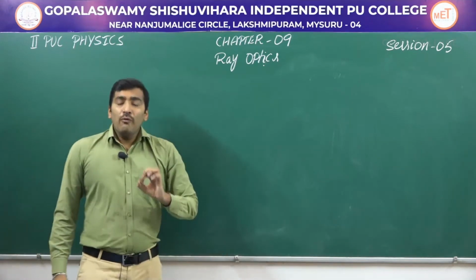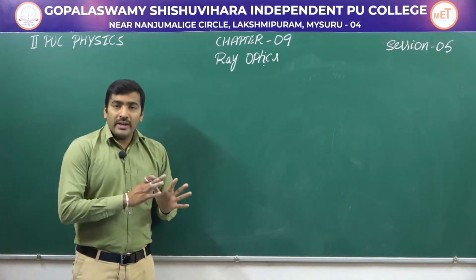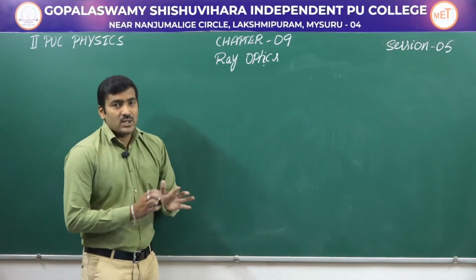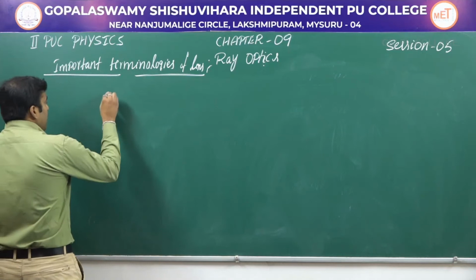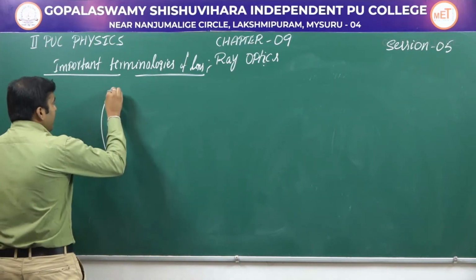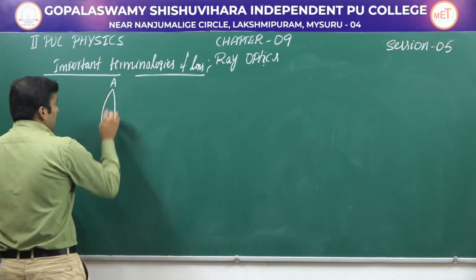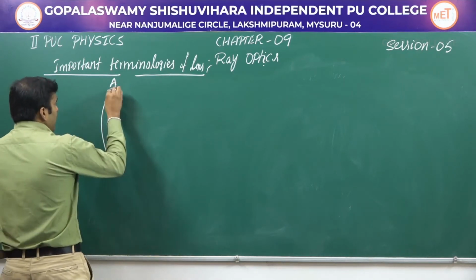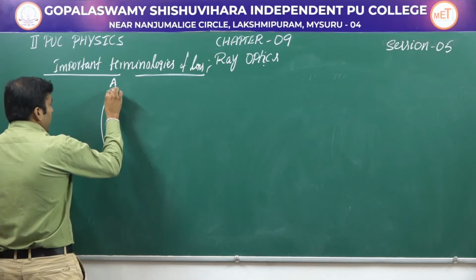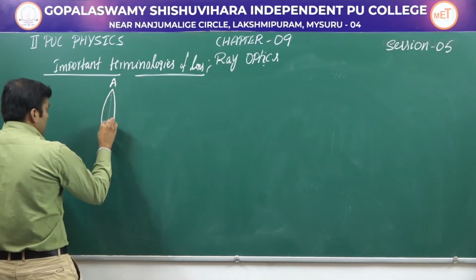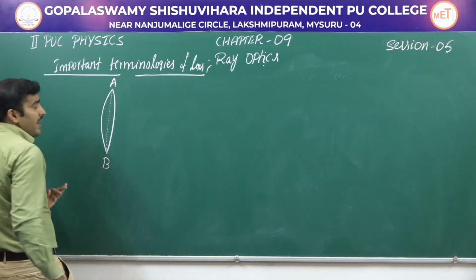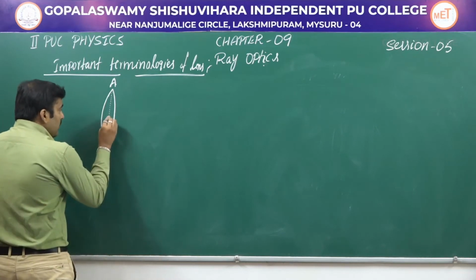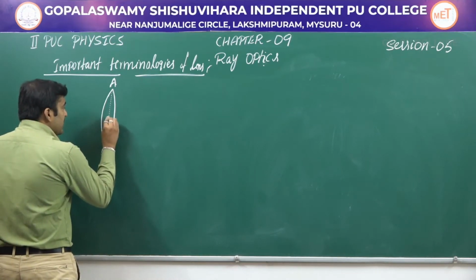Next, now we need to define some of the important terminologies related to lens. For this, let me consider a biconvex lens. Let me name this as A and this as B, and let me draw a line joining the two edges A and B and this geometrical center.